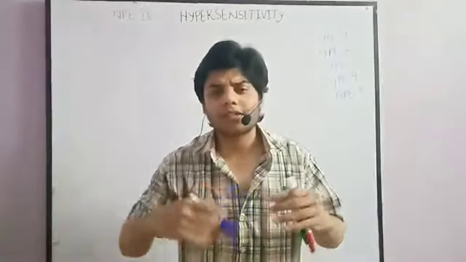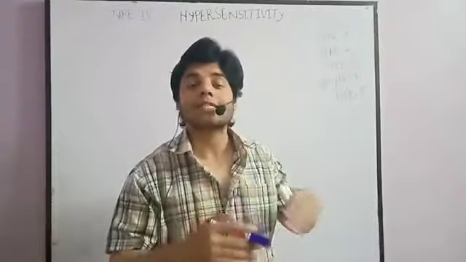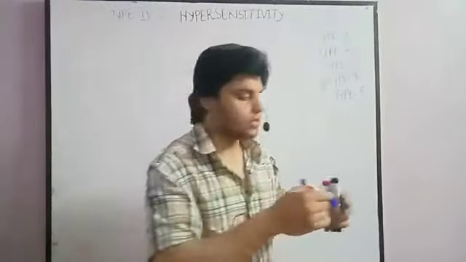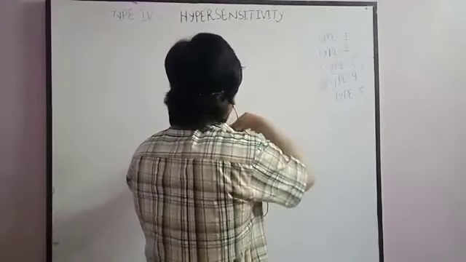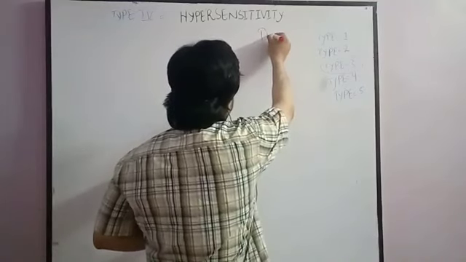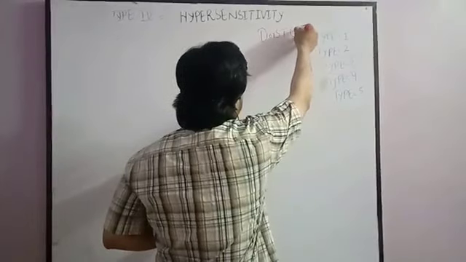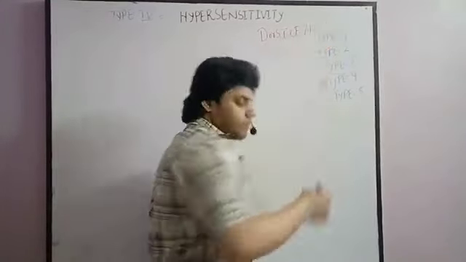Type 4 hypersensitivity is delayed or slow cell-mediated hypersensitivity. Let me write delay, or we can say slow type of hypersensitivity.